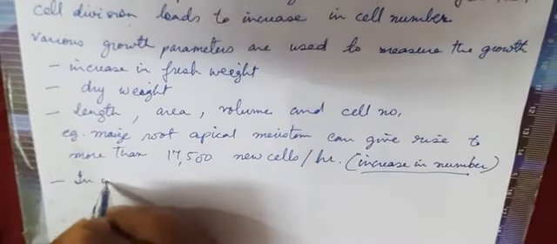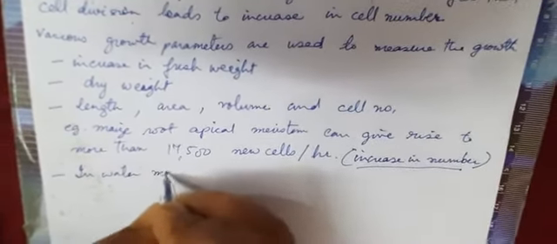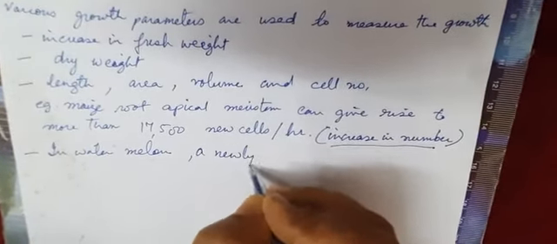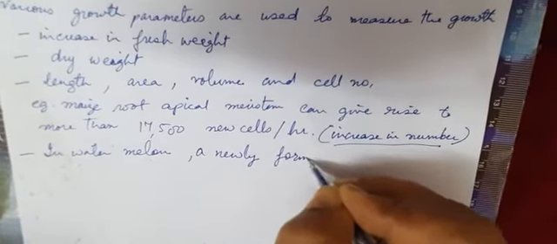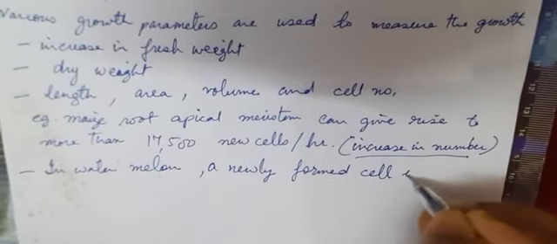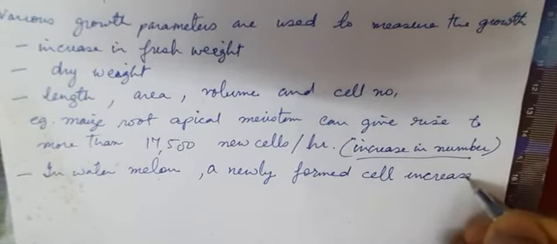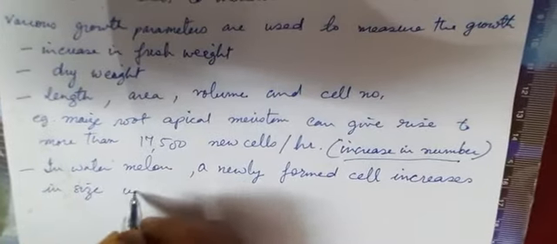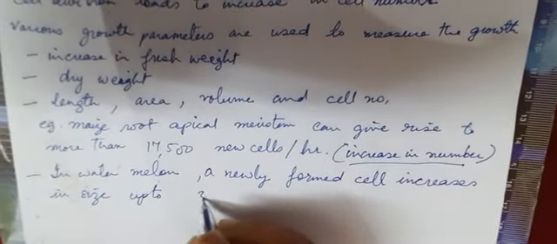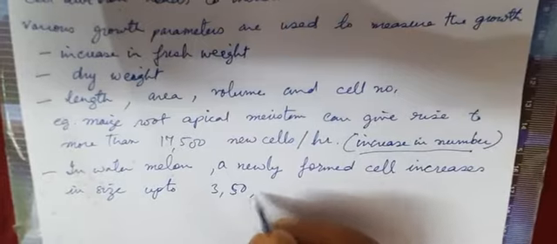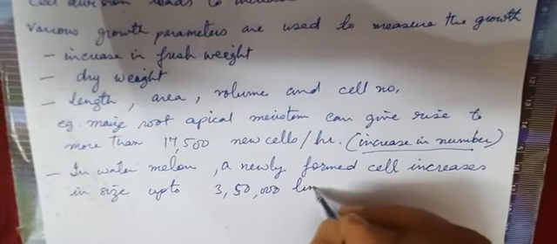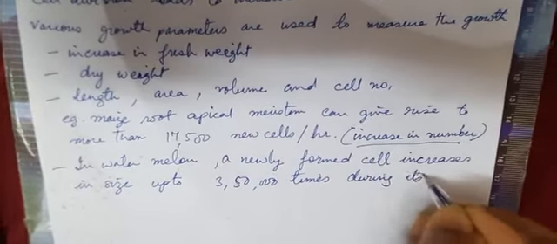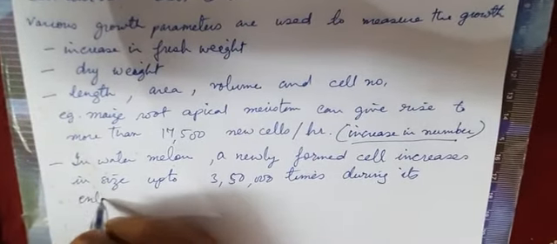Then in watermelon, a newly formed cell increases in size up to 350,000 times during its enlargement.